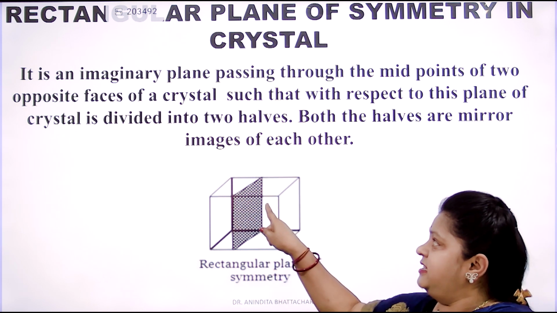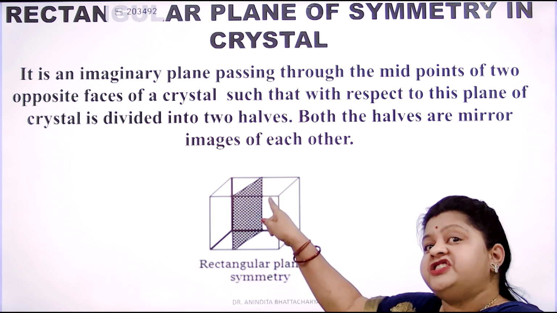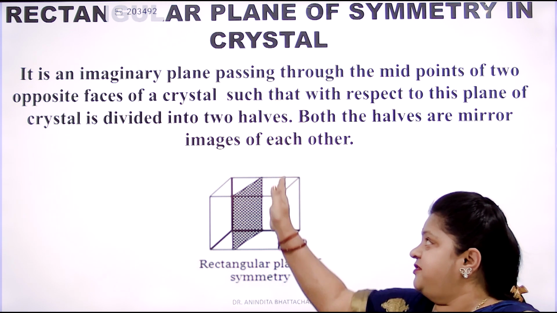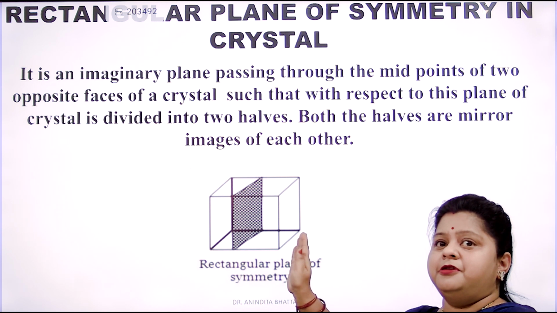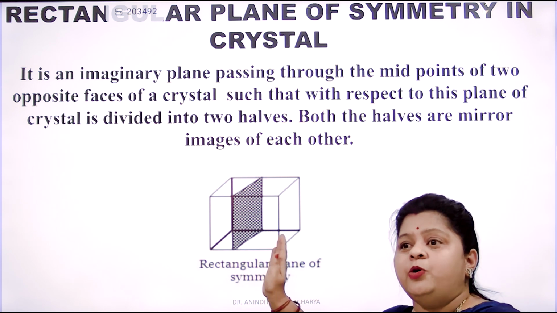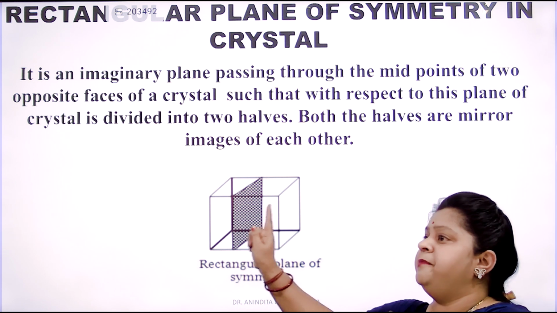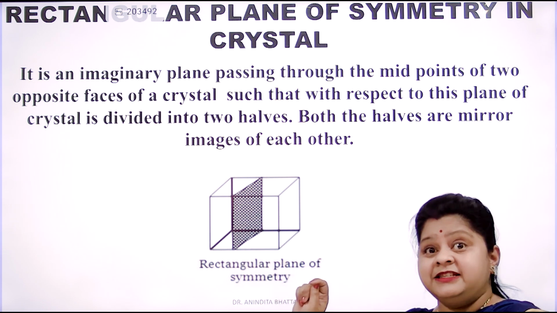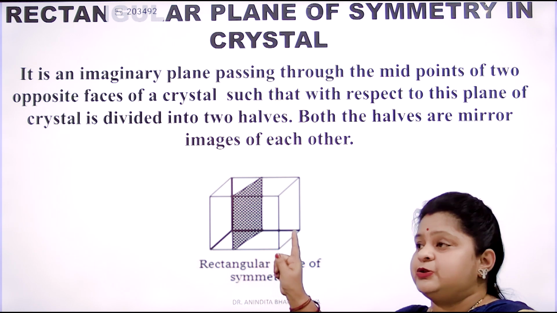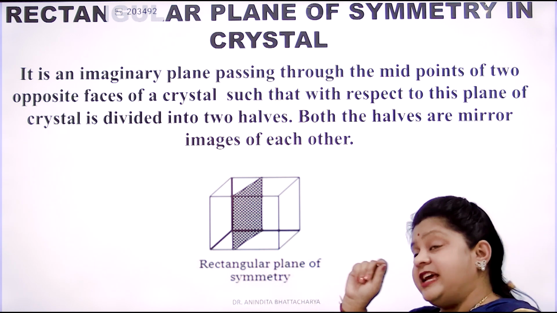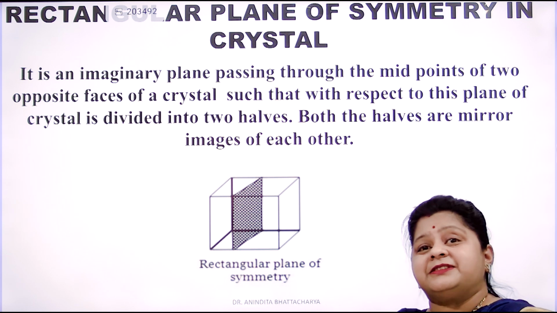See, it passes through this midpoint and this one, dividing it into this half and this half. But if you see it very closely, these halves are mirror images and they are indistinguishable. So this is the rectangular plane of symmetry.